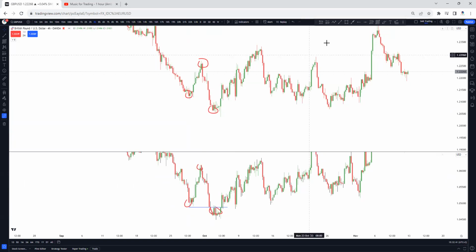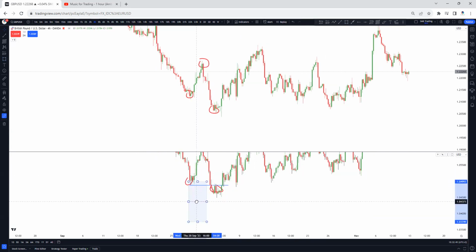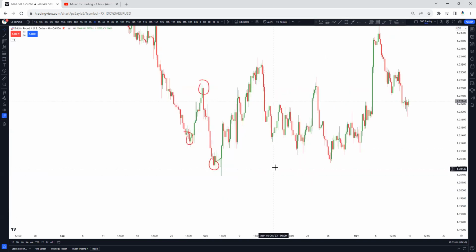However, when we come to this pair, EU from here to here, you can see if we move this in time, this could be maybe up to 20%. So this tells me that price is actually grabbing liquidity and not forming a new low.